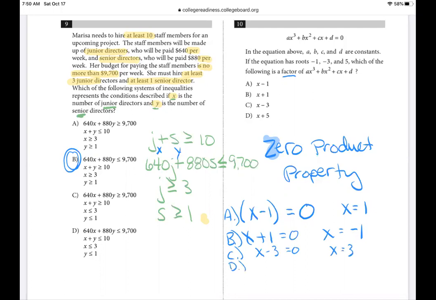And lastly, for D, what plus 5 equals 0? It would be -5. So if these are the factors that were given in our answer choices, the roots for those factors, the values for x that make those factors equal to 0, which one of those is one of the roots they provide? It would be the -1, which comes from a factor of x plus 1.